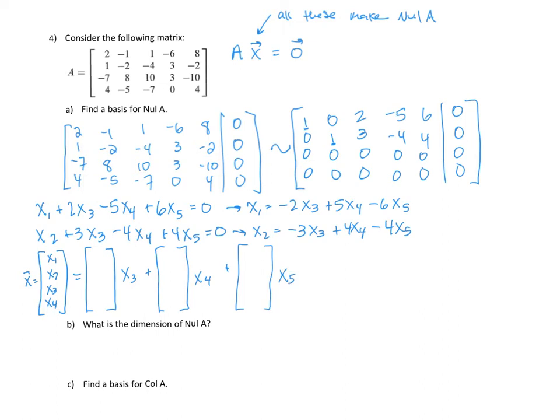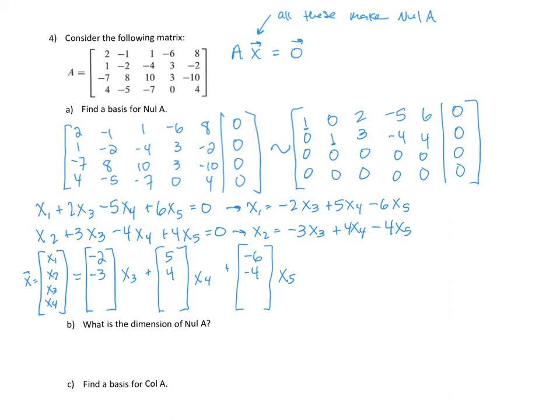So x1 is -2x3 plus 5x4 minus 6x5. x2 is -3x3 plus 4x4 minus 4x5. x3 is free.